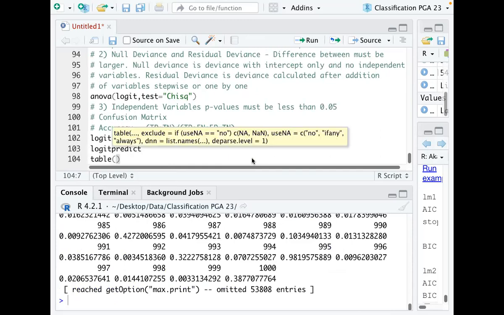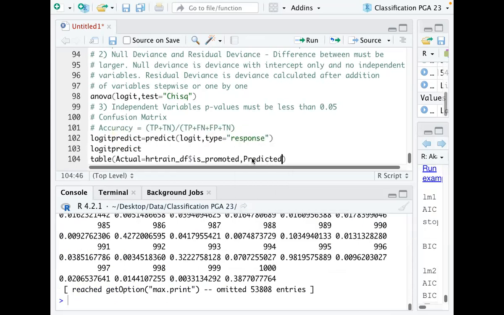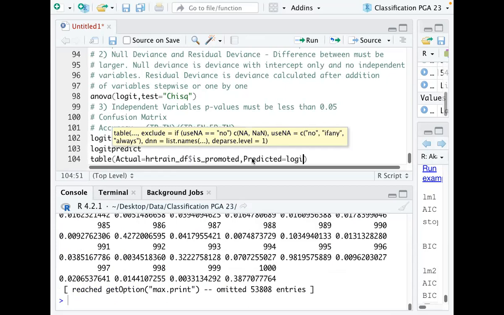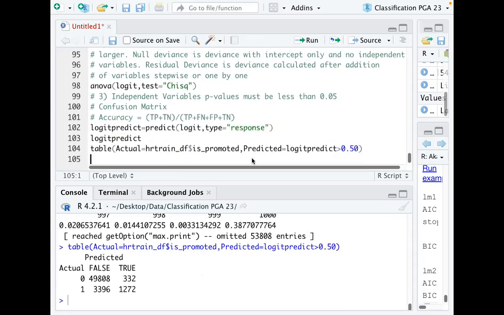Table actual is equal to HR train DF dollar is promoted, comma, predicted is equal to logit predict greater than 0.50. We get the confusion matrix.